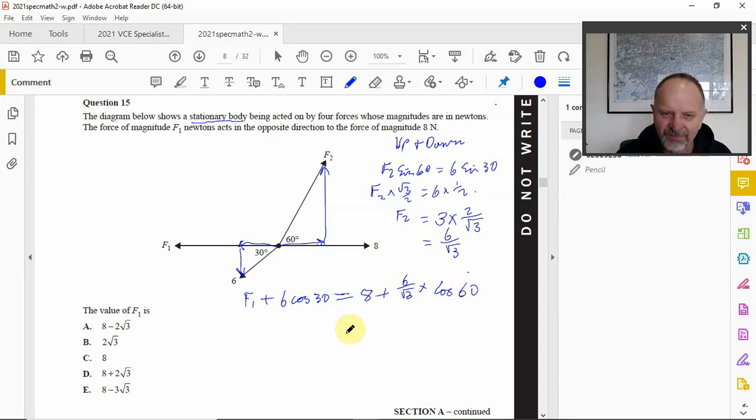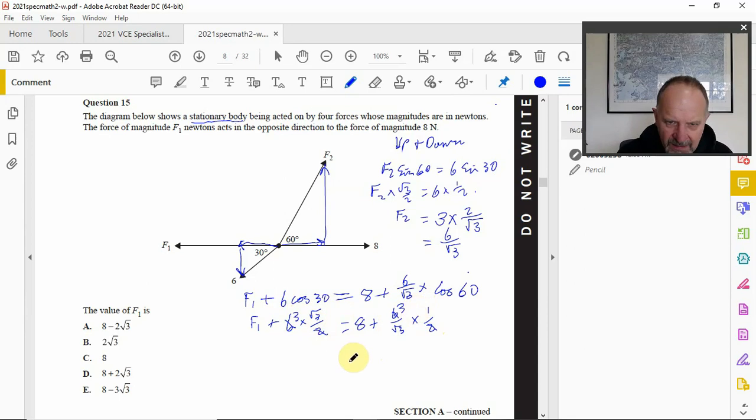So we've got F1 plus 6 cos 30, 6 times root 3 on 2, there's a cancelling there, equals 8 plus 6 on root 3 times cos 60. There's a cancelling there.